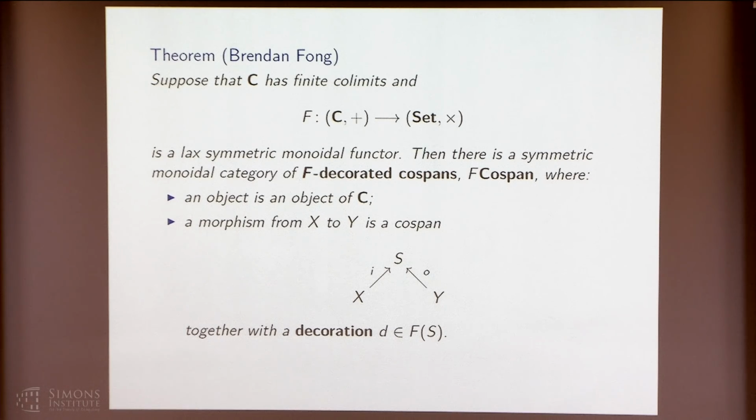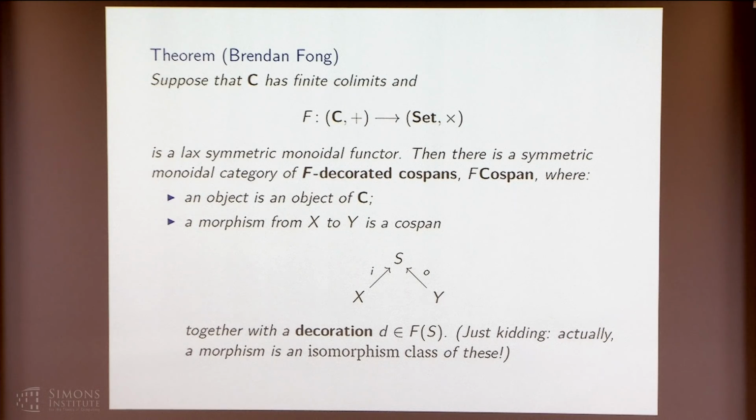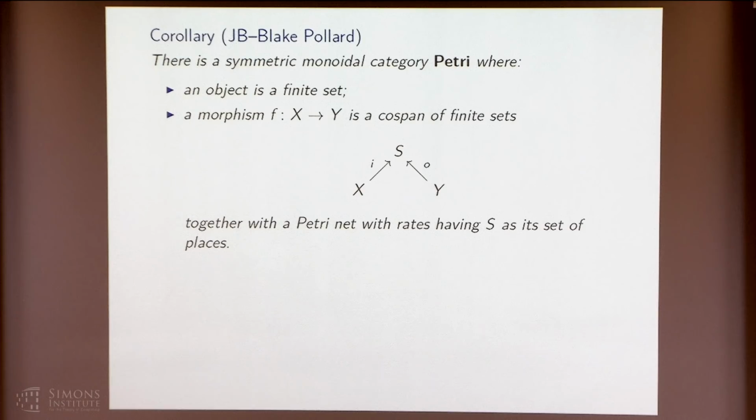So that's the general thing that lets us get the category we want. Well, actually, morphisms are not exactly cospans. They're isomorphism classes of them. Otherwise, you would get a bicategory.